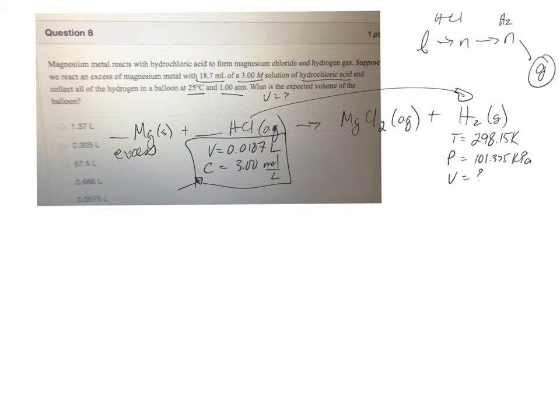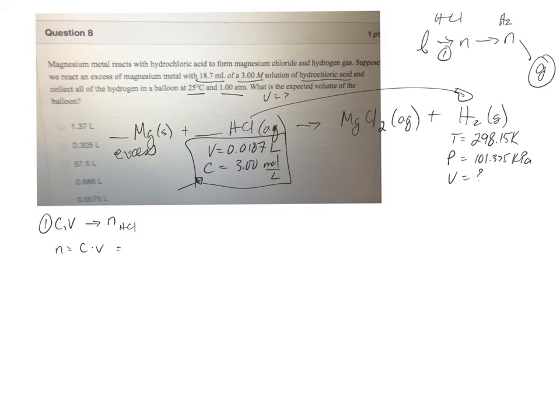All right. So step 1, let's convert the concentration and volume to moles of HCl. My formula is moles is equal to C times V, I believe.